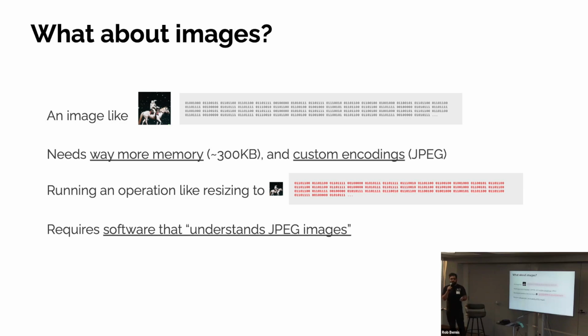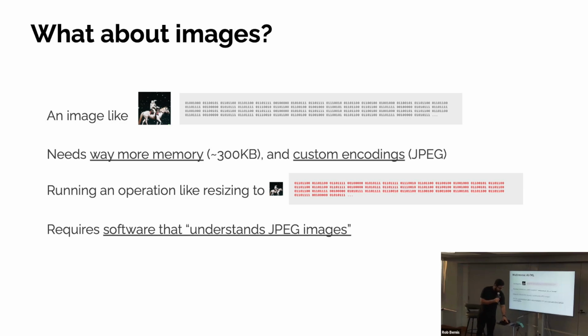I'm sure if you use the internet or download a Facebook picture, you see it's a PNG or a JPEG. This requires the software to understand what a JPEG is, what an encoding is, and how to map it from pixels to this compressed byte stream. For this, it has to understand a DCT and a bunch of other Fourier stuff that I'm not going to go into, but will at some point. And this requires software to understand JPEG images, these advanced operations, and also what pixels are.